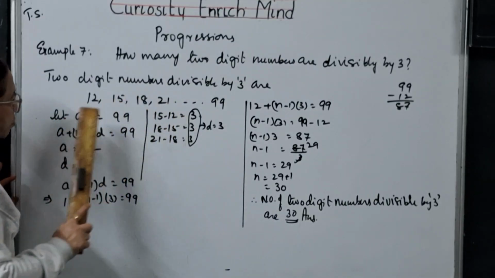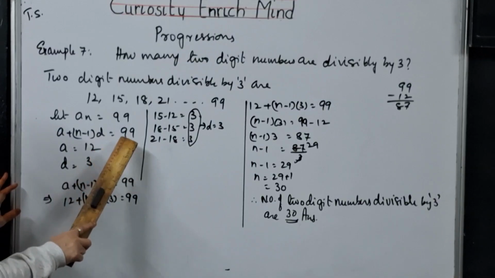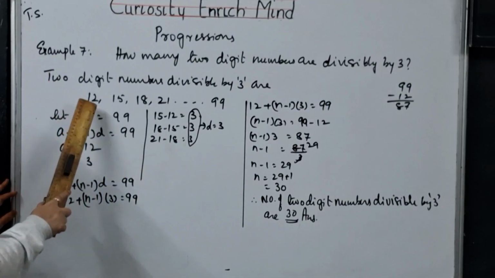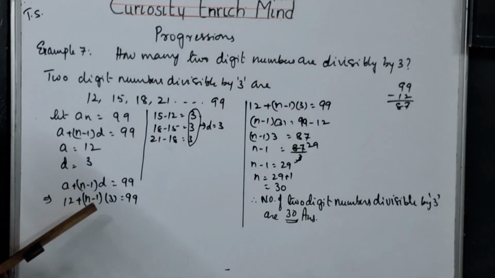So let us suppose that nth term is 99. That means a plus n minus 1 into d is 99. In this, A is 12, d is 3. So 12 plus n minus 1 into 3 is equal to 99.